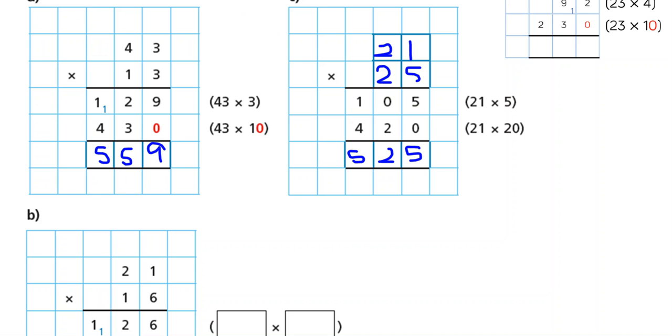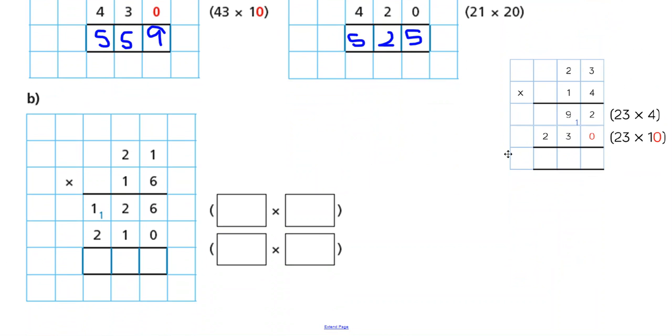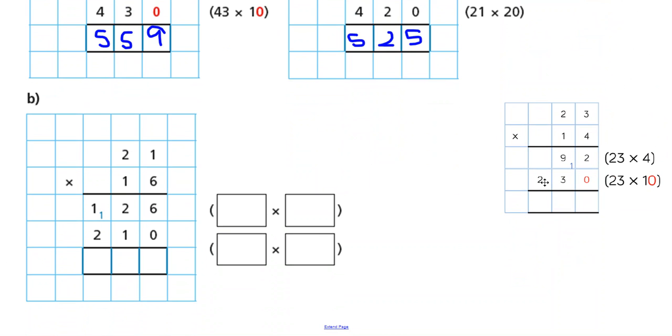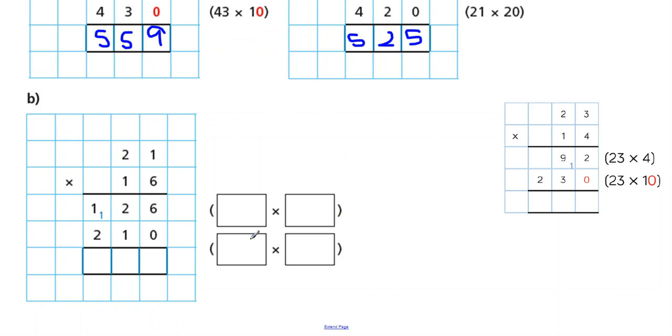Okay, here's one more. I'm just going to pull down this example to help you again. Okay, fill in the missing gaps. So copy this down and fill in the missing gaps. Pause the video and have a go. Okay, so I'm going to make a slightly smaller pencil this time. Let's have a go.